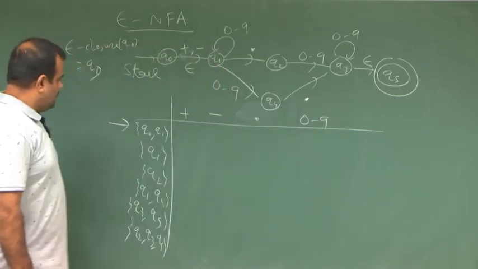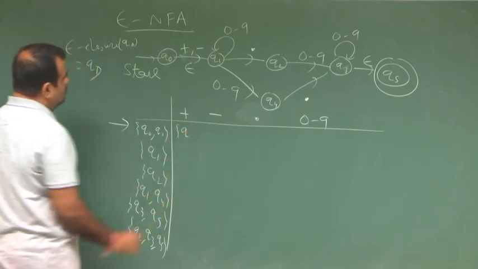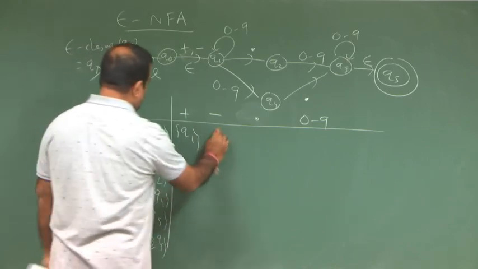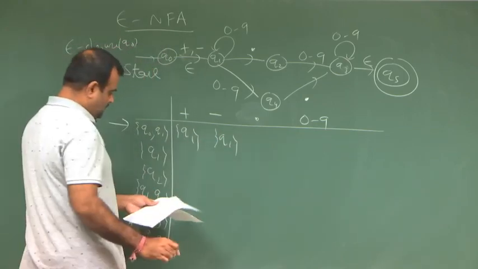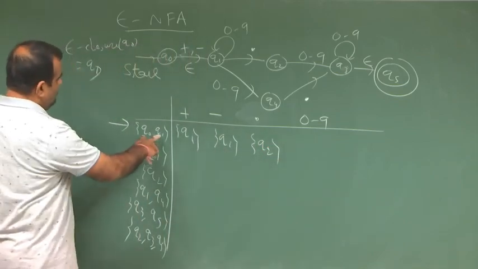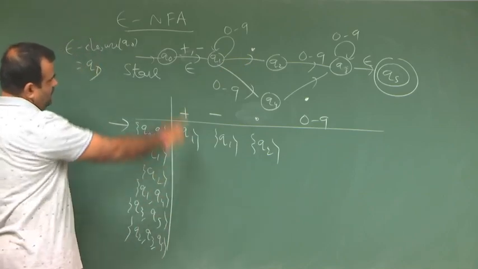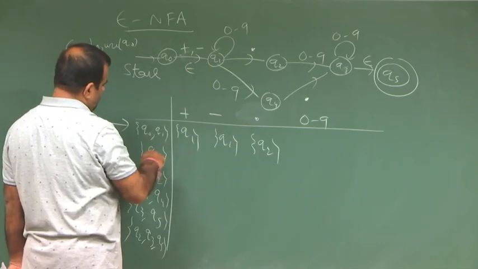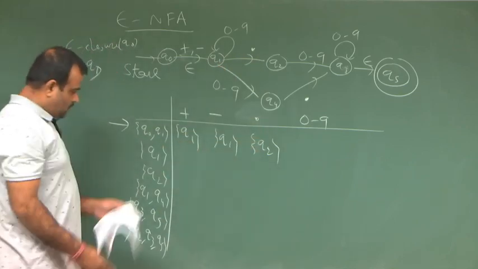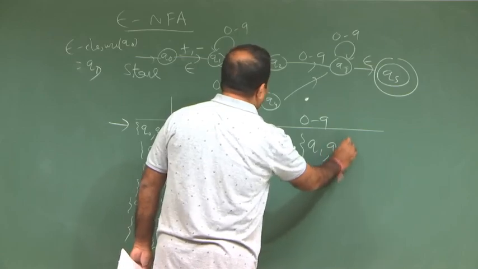With the plus, this will go to q 1 again, and this will go to q 2, because if we are at q 1, with a dot we can take an epsilon move, so from q 1 we can go to q 2 only, and this is q 1 q 4.